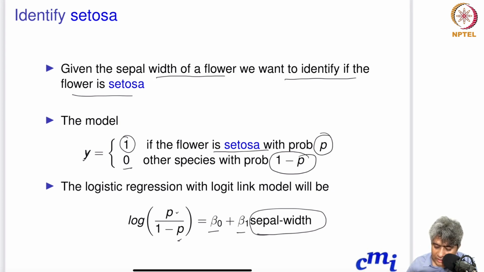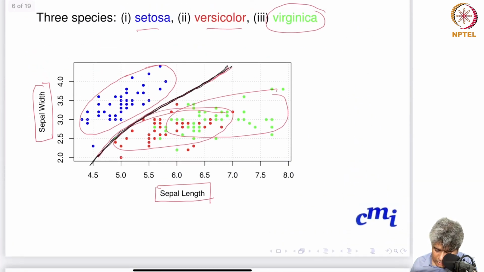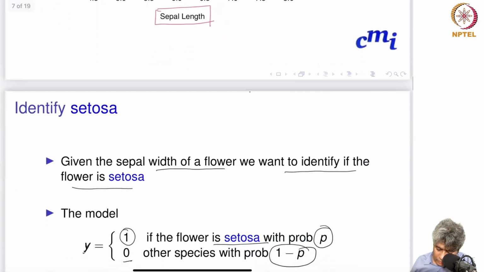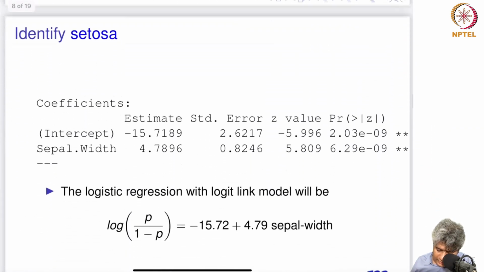That is a little difficult problem because sepal width goes pretty much from 2.5 to 4.5, and if I just make a cutoff point like this, a lot of points from virginica and versicolor also fall there, along with setosa. So it will be a slightly difficult problem, but let us see.